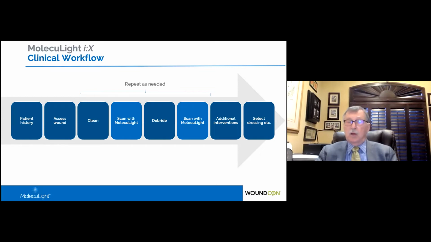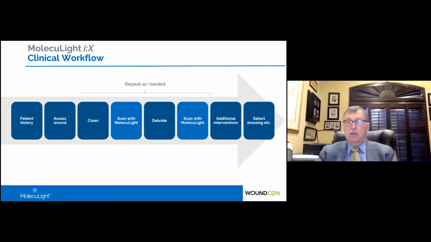We then do our initial scan and assess the bacteria in or around the wound. Next, we proceed, if indicated, with a debridement. After the debridement, we repeat the scan again to see if we've been able to remove the bacteria within that wound. At that point in time, we now have that additional information that then aids us in the decision making for what our next intervention is.